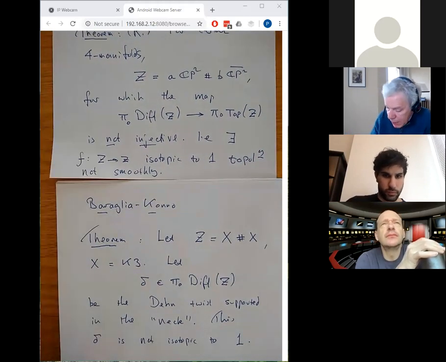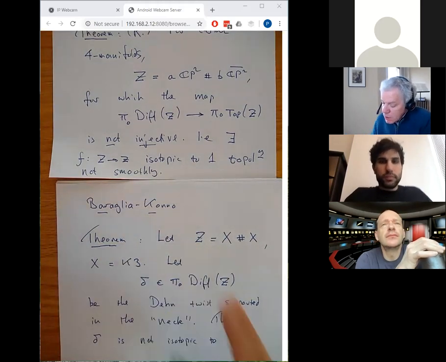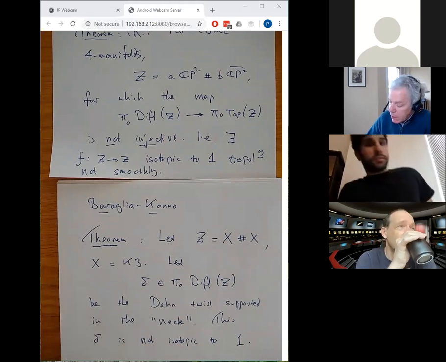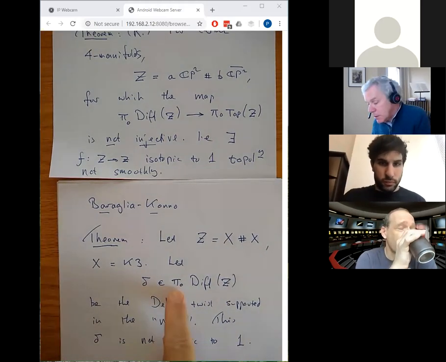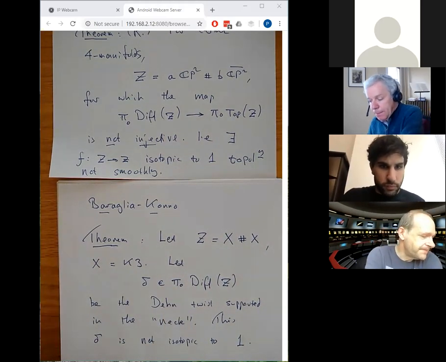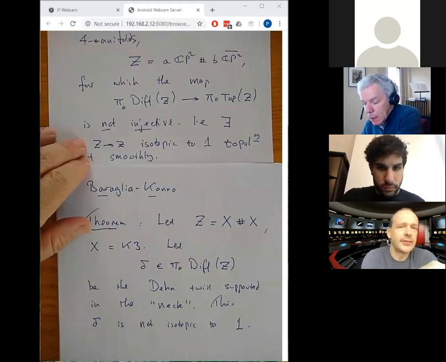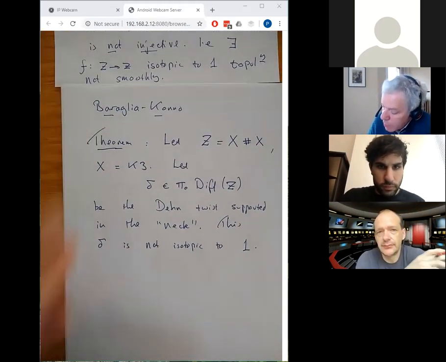It'd be rather evident when I draw the picture that this delta acts trivially on the homology of Z. So while the theorem says it's not isotopic to identity as a diffeomorphism, it certainly is as a homeomorphism.